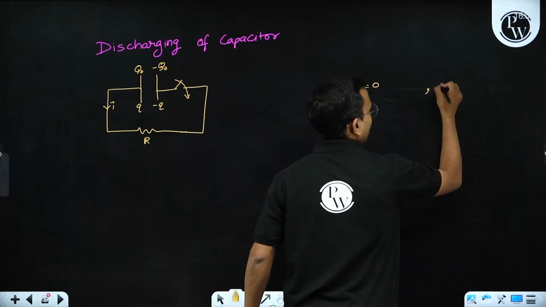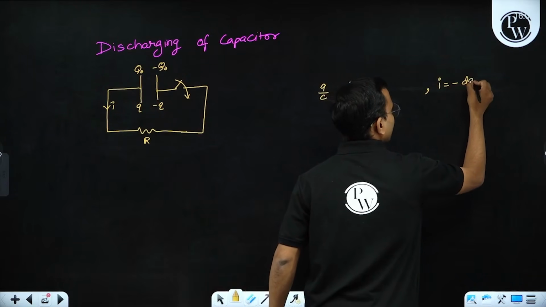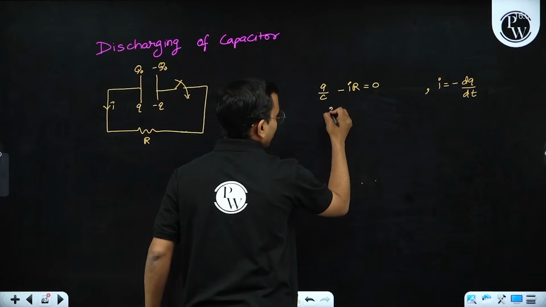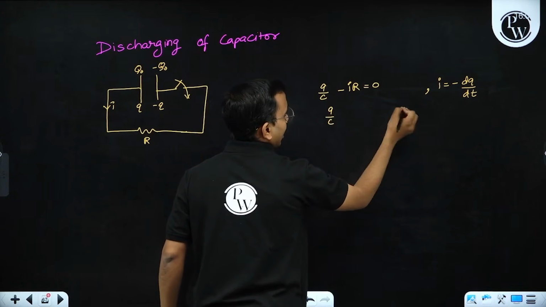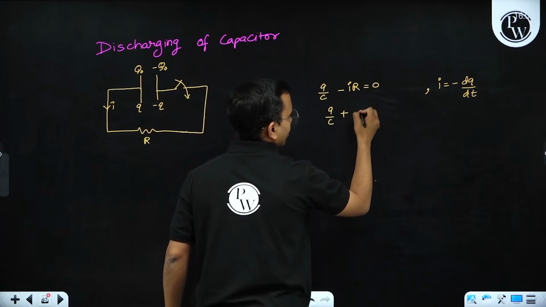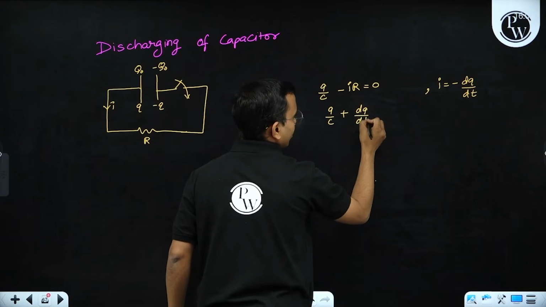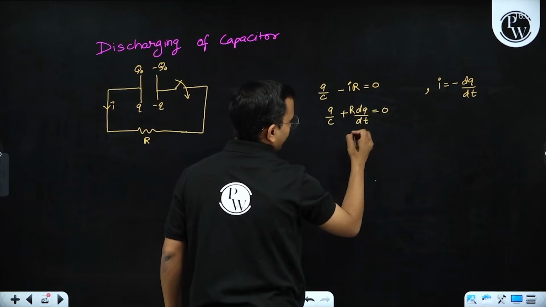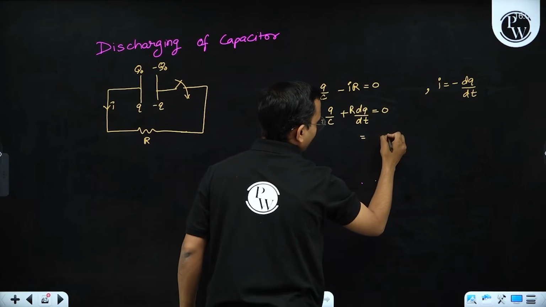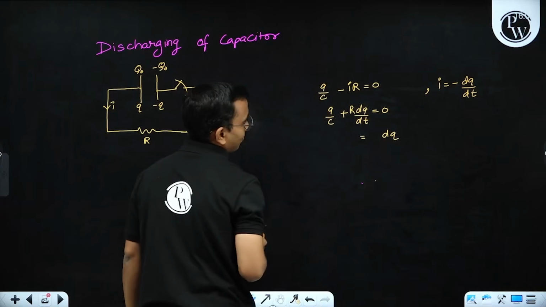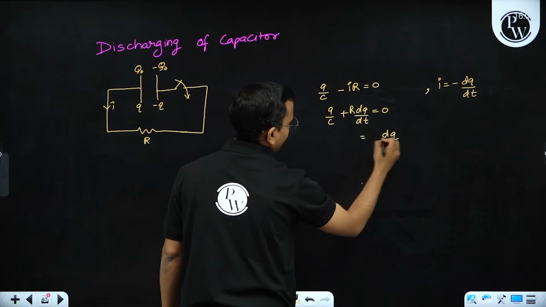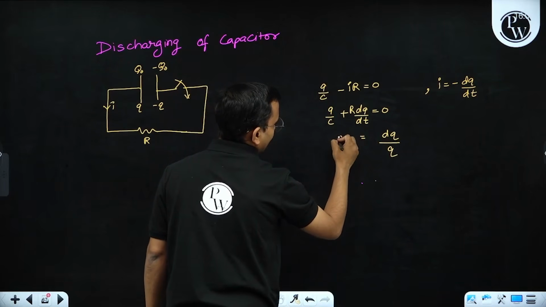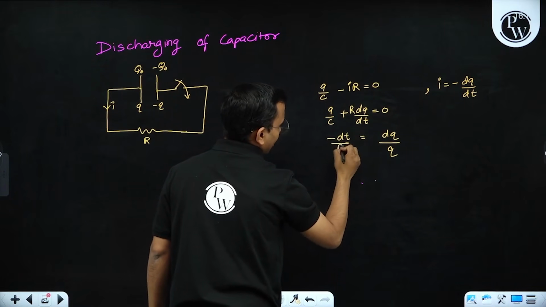So I is minus dq by dt. Putting it here: Q by C minus, which becomes plus, dq by dt into R, equals 0. So dq by q equals minus dt by RC.